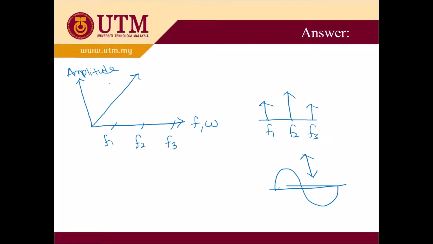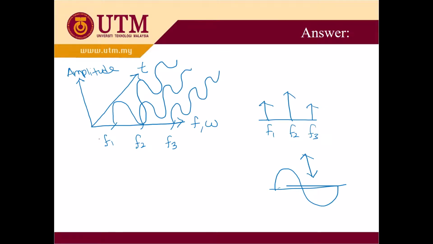For example, this is a time domain t. So at the frequency 1, maybe at the lower frequency, we can see that the wave will go like this along this axis, and this one another wave, and this one we have another wave.